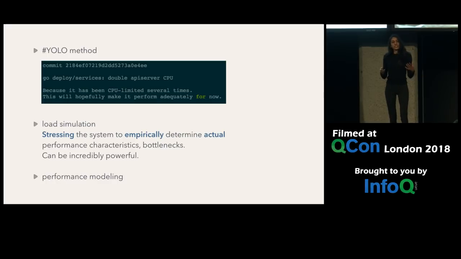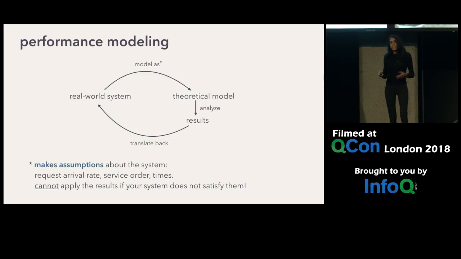Now, performance modeling speaks to this idea of taking your real-world system, representing it by a theoretical model, analyzing the model to get results, and translating those results back to your actual system. Now, the crucial thing to remember about performance modeling is that modeling, by definition, makes assumptions, right?